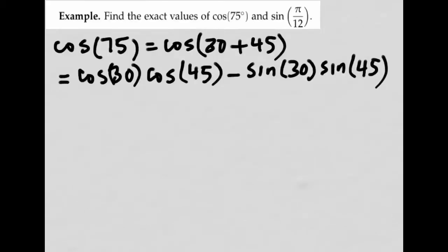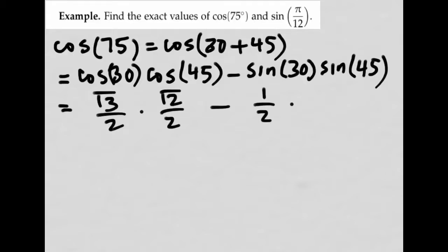So cosine of 30 is root 3 over 2. Cosine of 45 degrees is root 2 over 2, minus sine of 30 degrees, which is 1/2, times sine of 45 degrees, which is root 2 over 2.